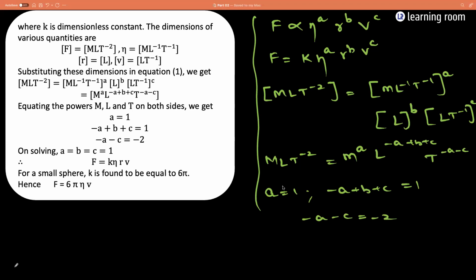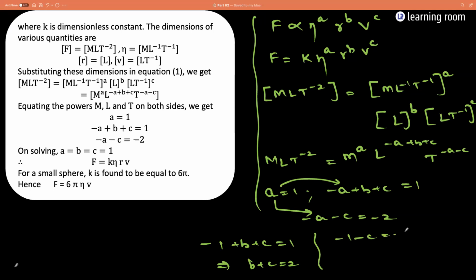Okay. So if A is equal to 1 is dropped here, minus A plus B plus C is 1, or minus 1 plus B plus C is 1, which implies B plus C is 2. Similarly, if I drop the value of A here, minus 1 minus C is minus 2.